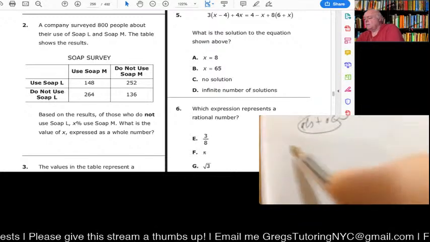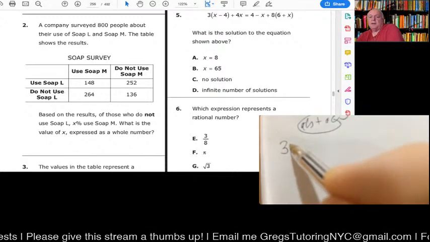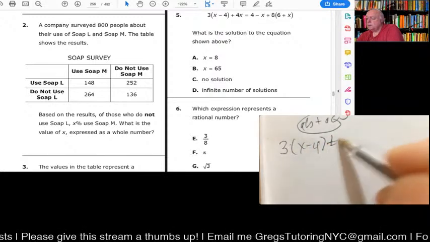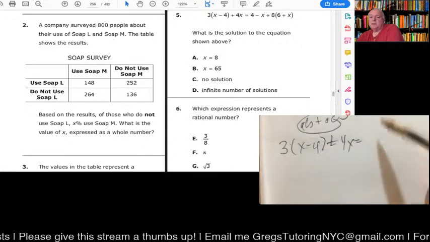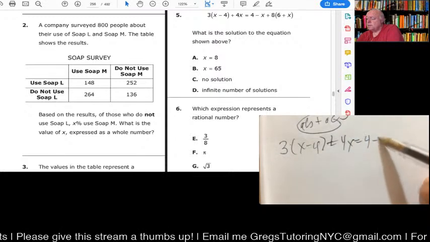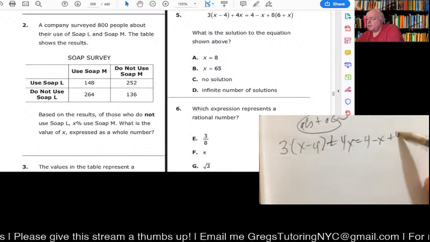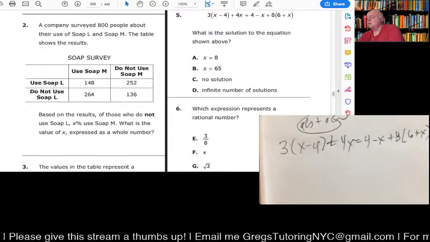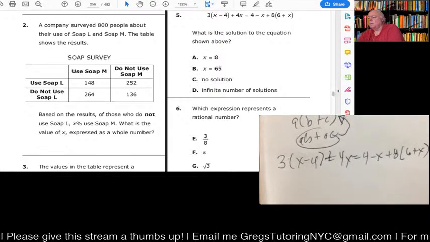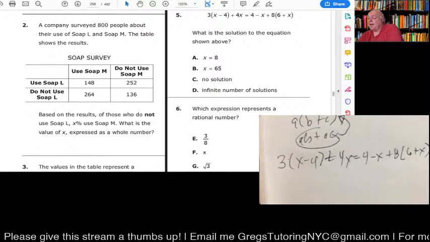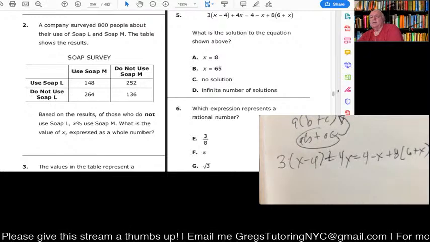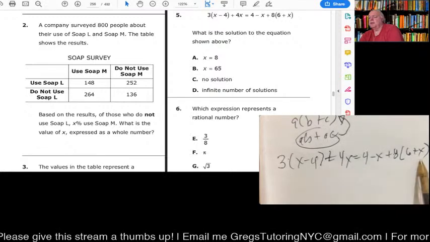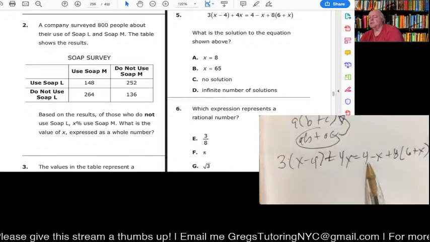Let me write this out. So we have 3x minus 4 plus 4x equals 4 minus x plus 8 times (6 plus x). Something that's happened to me over the years is I have mild dyslexia and mild dysgraphia. And sometimes when I copy these down, this is where I make a mistake. So I may be solving a different problem than is actually on the page.